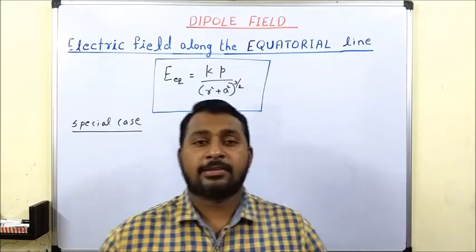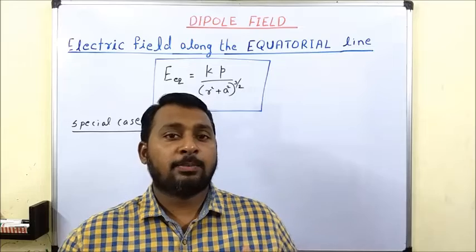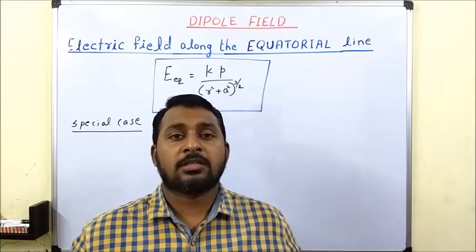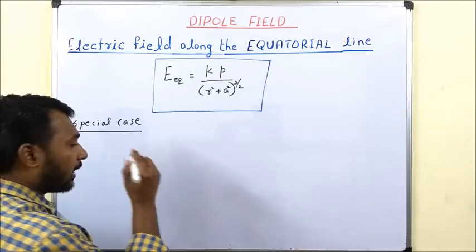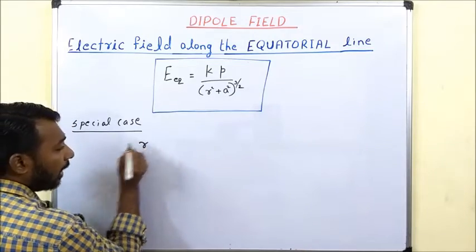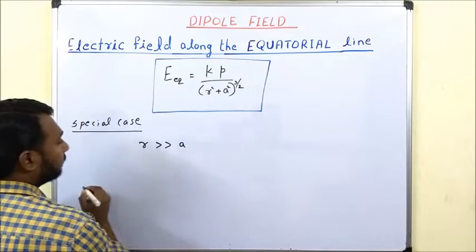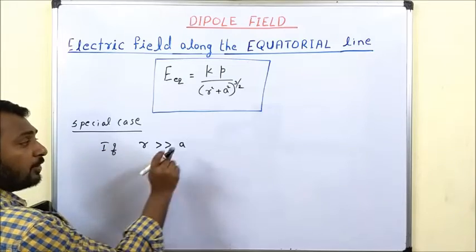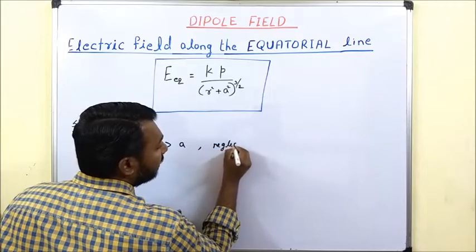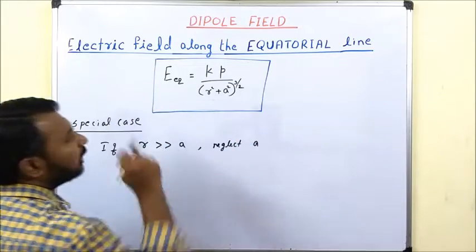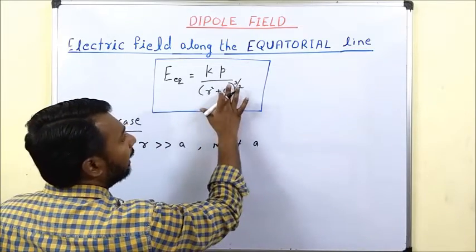Now the special case. Special case means when the point P is placed at a large distance from the center of the dipole. If it is a large distance, that means it's a special case. We can say that the value of small r is very much greater than A. So if r is very much greater than A, you can neglect the value of A in the above equation. So look at the board. You are neglecting A square.